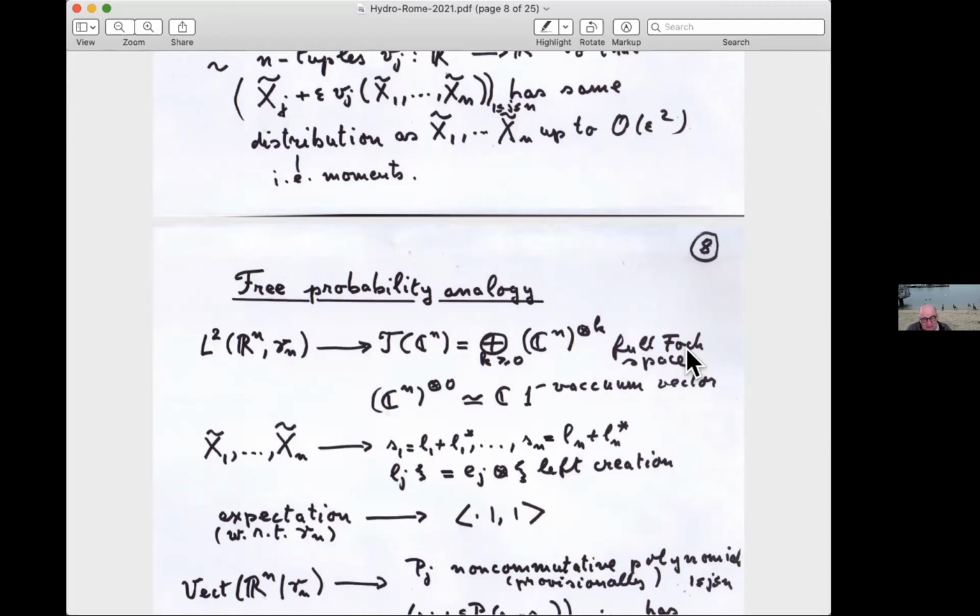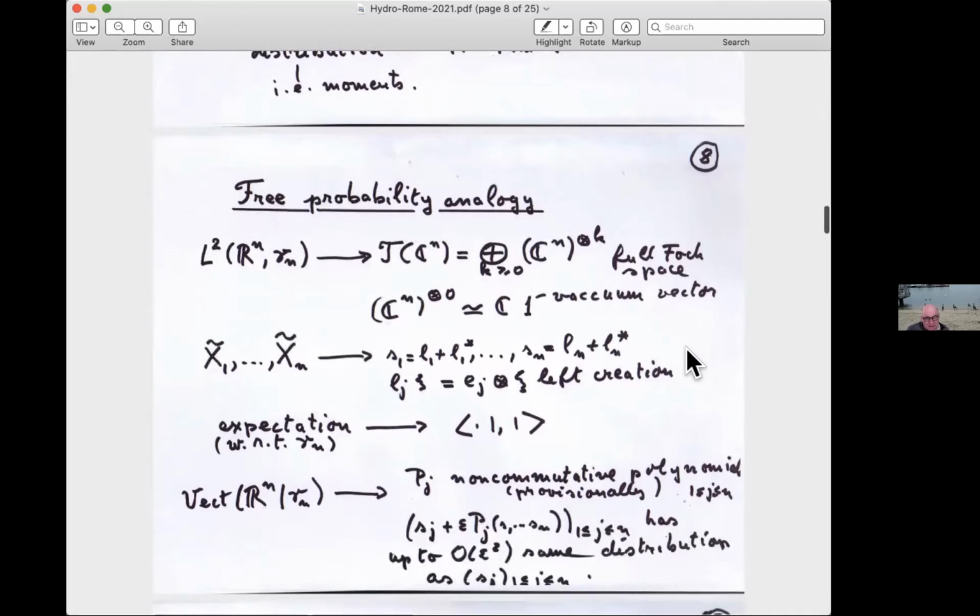And then one has S1 is L1 plus L1 star, Sn is Ln plus Ln star. And the expectation functional is with respect to the vacuum vector, which is the vector in the zeroth component of the tensor algebra. And one takes the expectation with respect to the vacuum.